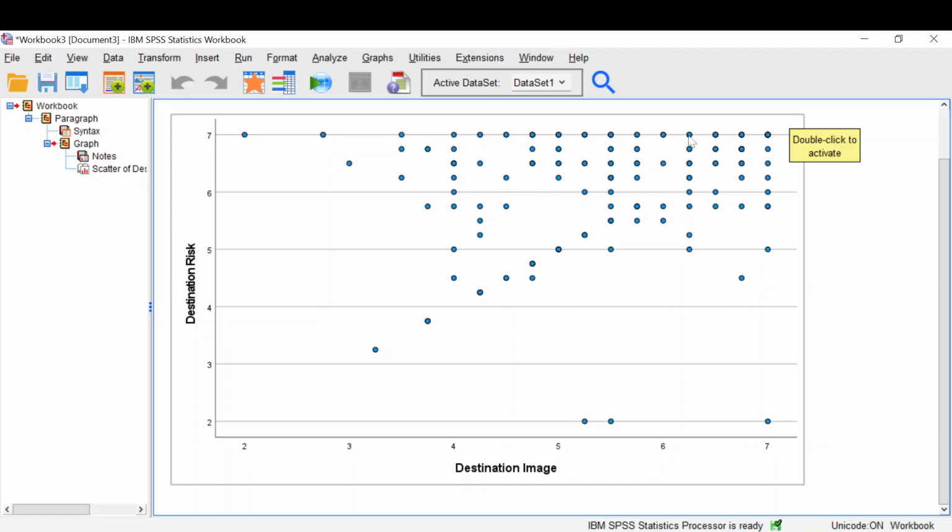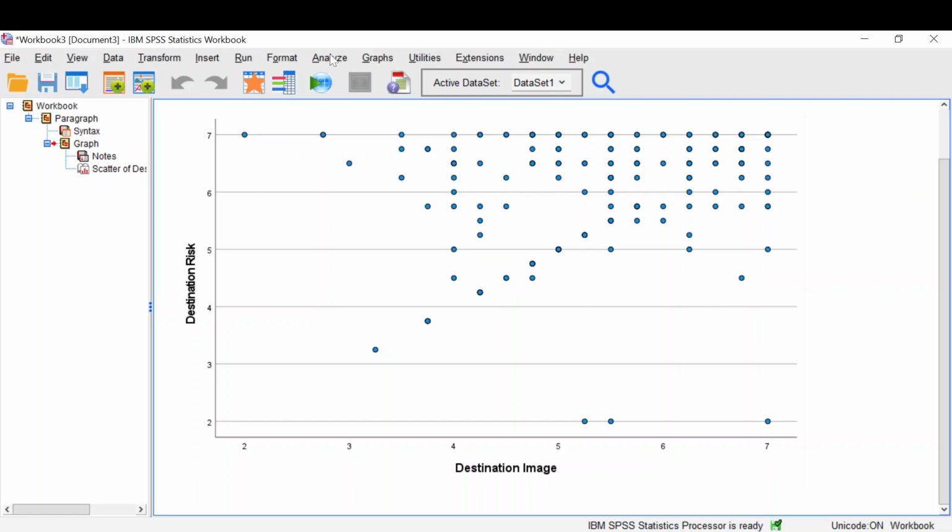From this, I would assume that there is a weak or very moderate relationship, correlation. In other words, these two variables do appear to be somewhat correlated, but not strongly. But we can't determine that from just looking at the graph. We need to actually run the analysis in SPSS. This is just a good first step.